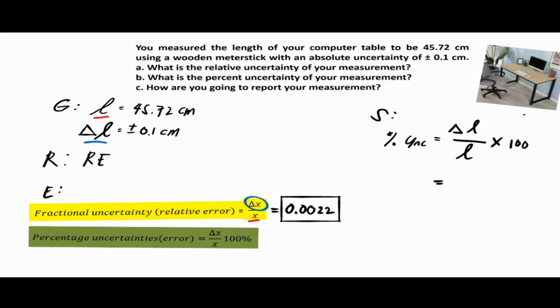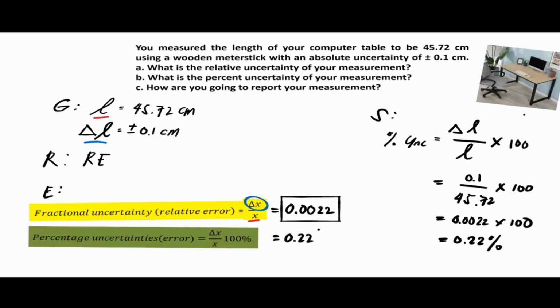So we have 0.1 divided by 45.72 times 100. We already got the answer for our fractional uncertainty, 0.0022. So we multiply that by 100, and we get 0.22% as our percentage uncertainty or percentage error.